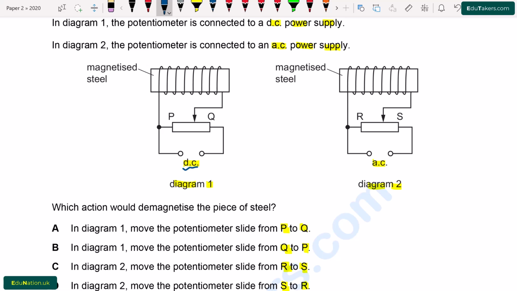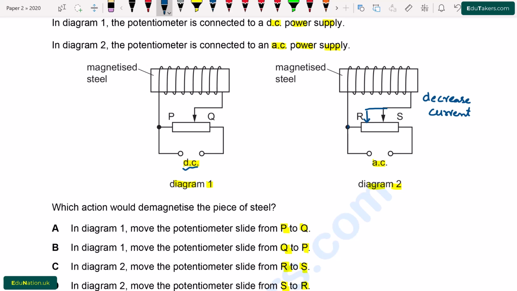Next, we have to demagnetize the piece of steel. It means that we have to decrease the current. But how can we decrease the current? If I move this to position R, then what will happen?